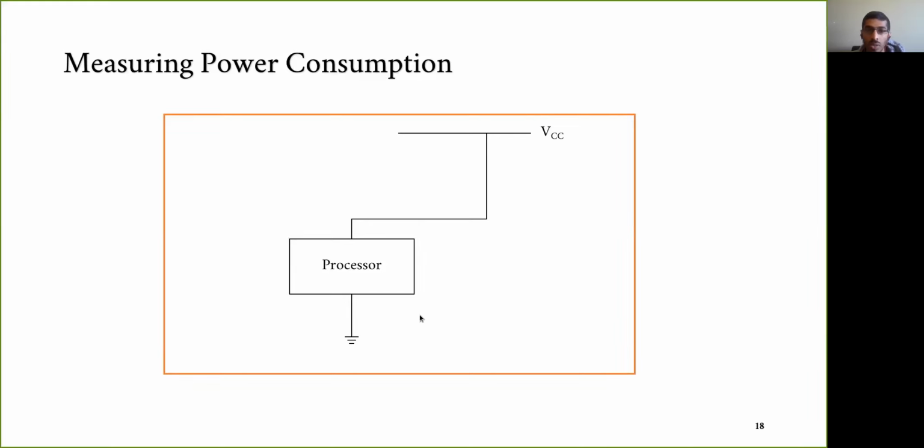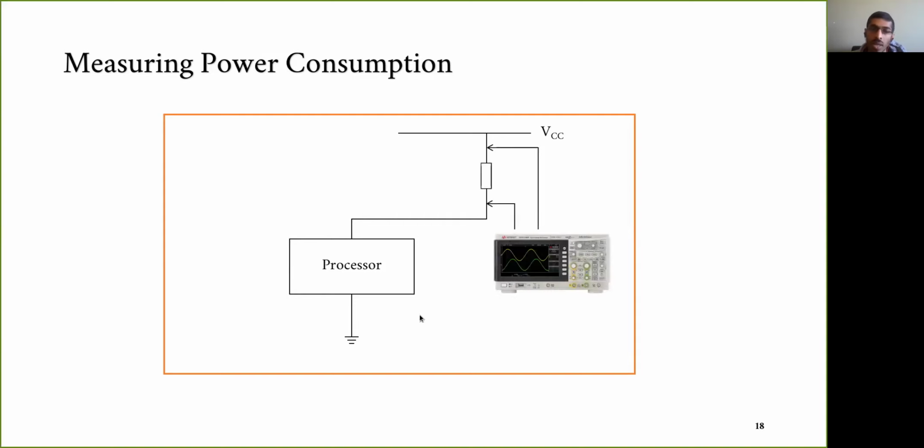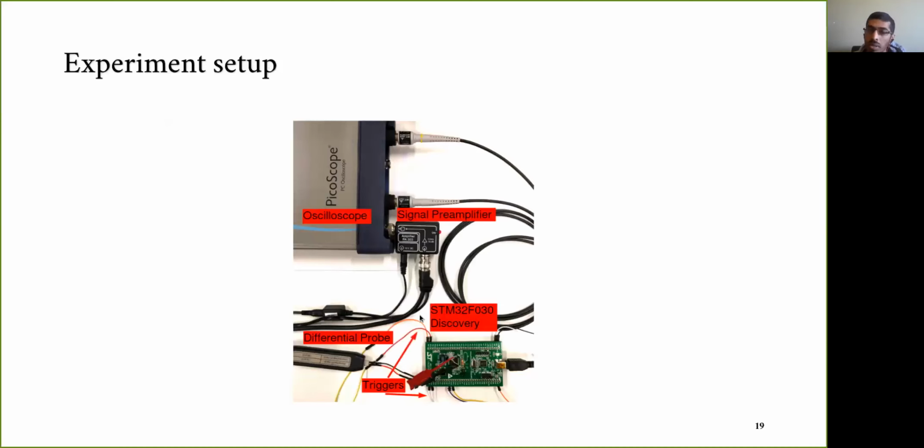We are going to insert a shunt resistor into the power wire into this processor, and we are going to measure it using an oscilloscope, and we are going to record some traces while the algorithm is run. And so this is my setup at the time. We are using a discovery board, and we are using a differential probe because we need the differential voltage between the pins of the resistor.